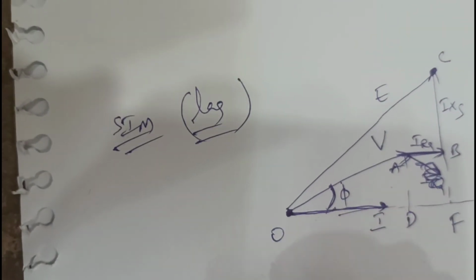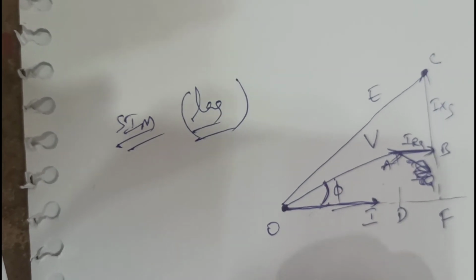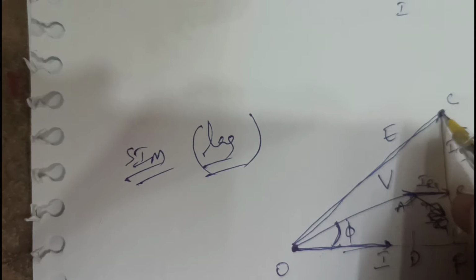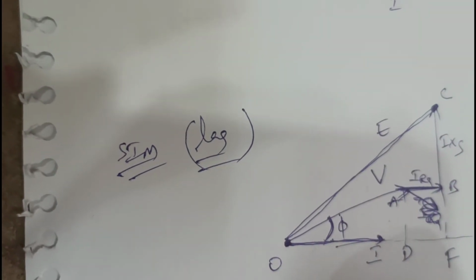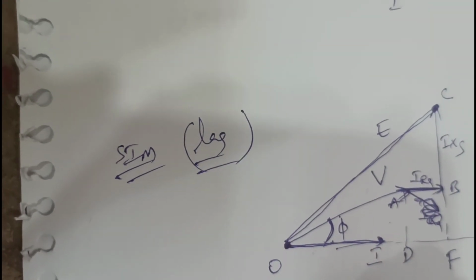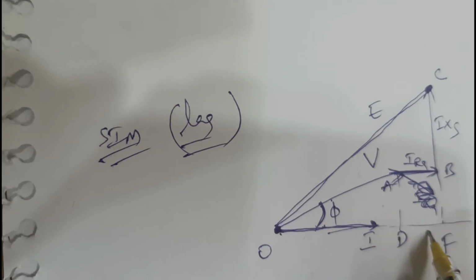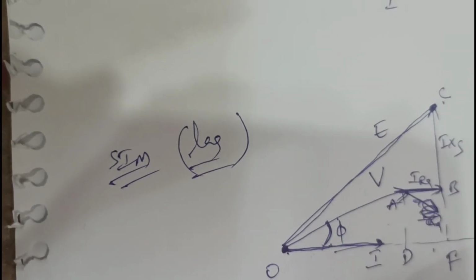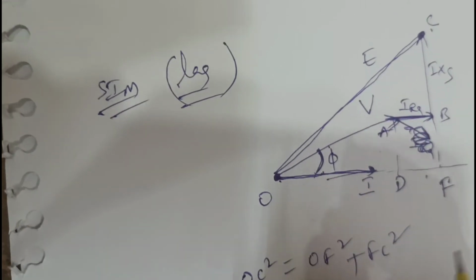From the Pythagoras theorem, you know the formula. OC square is equal to OF square plus FC square.